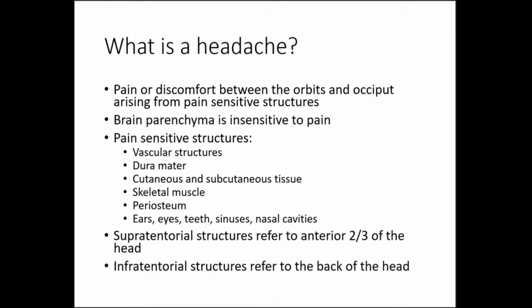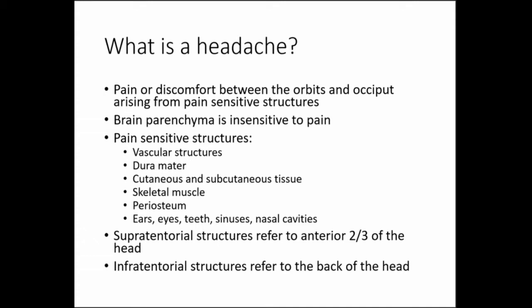So it's important to have a broad mind when you're thinking about what the cause of a person's headache is, because it can be due to a disease affecting any one of these structures.